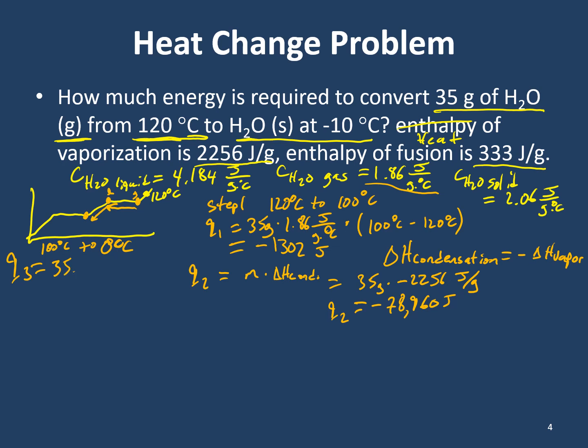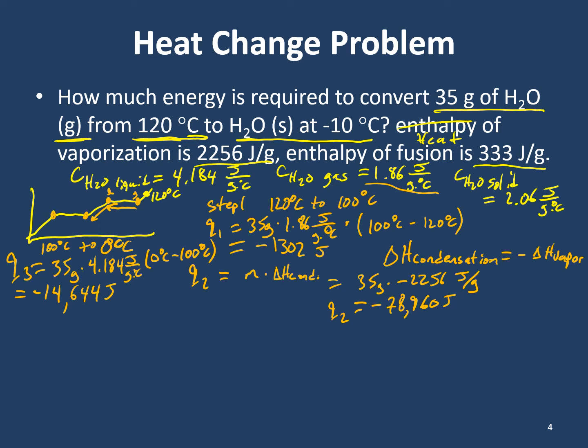So 35 grams times my specific heat of liquid water times delta T, where T final is 0, minus T initial, which is 100. This is going to get negative 14,644 joules of energy. Now I know technically all these should have only 2 sig figs, but I'm just going to kind of ignore it for this problem, to be honest.